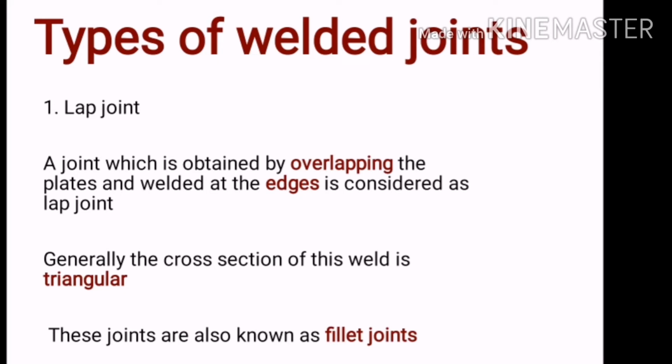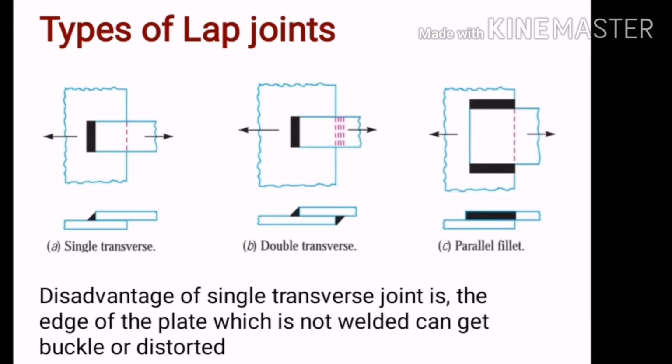These joints are also known as fillet joints. Types of lap joint. Basically, there are three different types of lap joints. First is single transverse lap joint, second double transverse, and third parallel fillet type of lap joint.